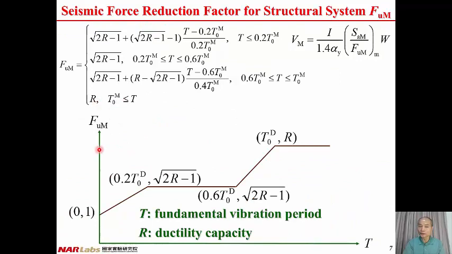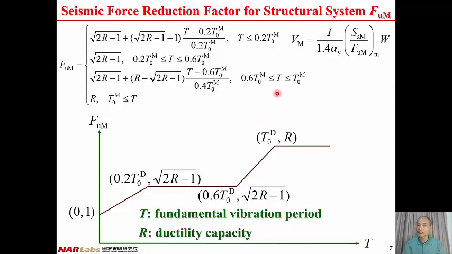The relationship of FUM against the structural period can be plotted in this way. When T is less than or equal to 0.2 TCM, FUM increases linearly with the structural period T. When T lies between 0.2 TCM and 0.6 TCM, FUM is a constant equal to square root of 2R minus 1.